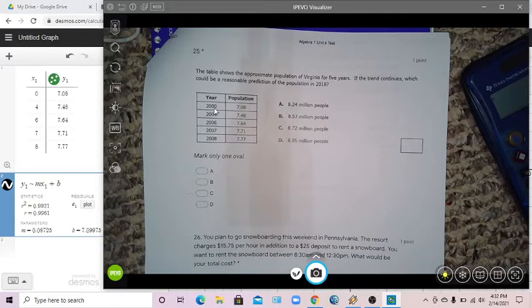Well, we have 2000, so I'm just going to make x be 0, 4, 6, 7, and 8. If you make x be 2000, 2004, that's going to skew the y-intercept. Okay, so here is me putting the table in. Again, the x's are 0, 4, 6, 7, and 8, not 2000, 2004, 2006, and so on.